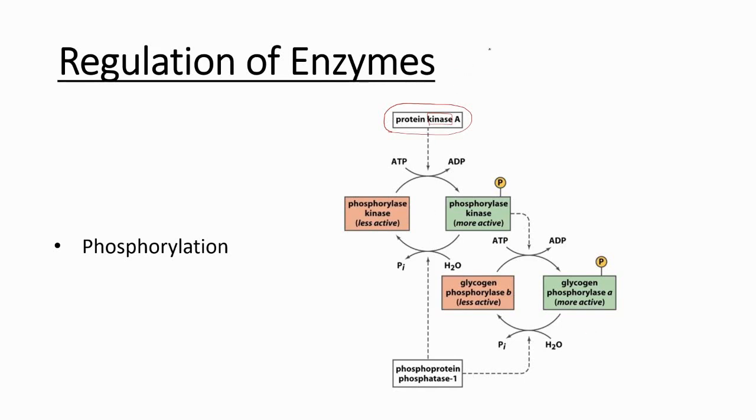Once the hormone is no longer bound, obviously this phosphate will be removed, and these enzymes will go back into their less active form. And this ensures that glycogen hydrolysis, for example, only occurs when the cell responds to external stimuli, like these hormones binding to cell surface receptors.